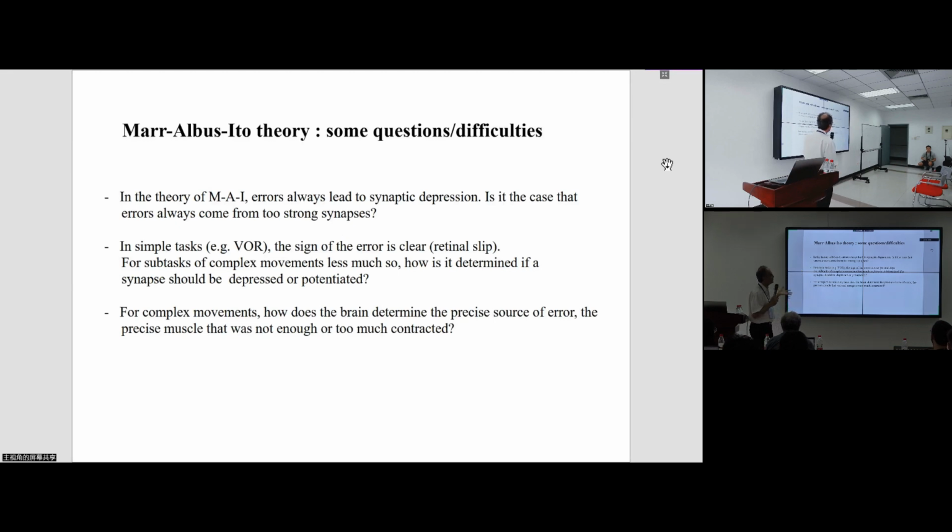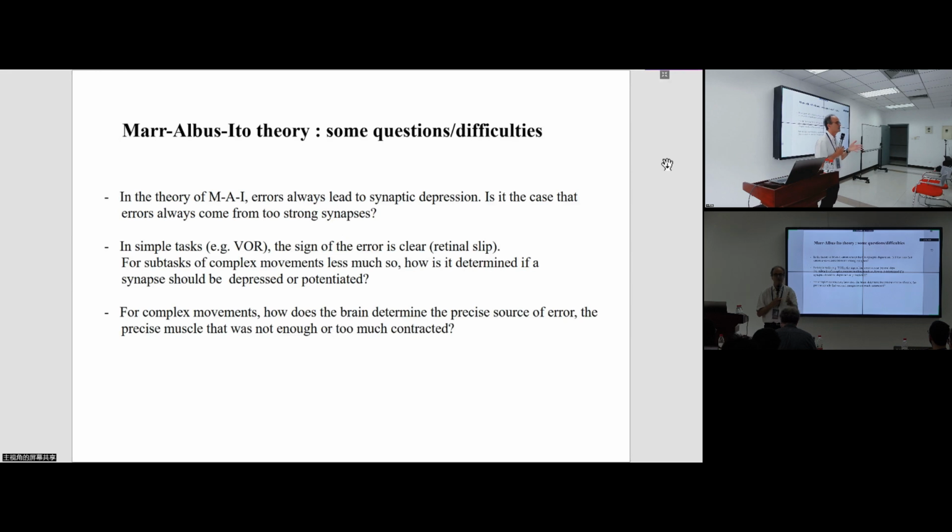So what are the questions one can ask about this theory? First of all, error in this case always leads to synaptic depression, so it means that error in some sense always comes from too strong a synapse, which is a bit strange. In a simple task, the sign of the error is rather obvious.